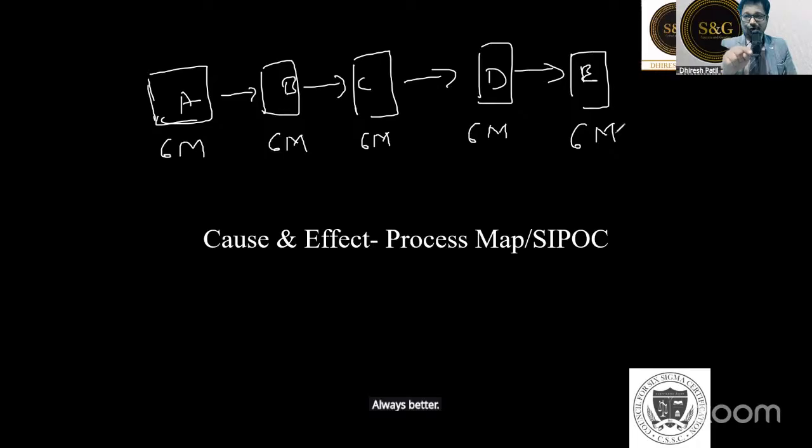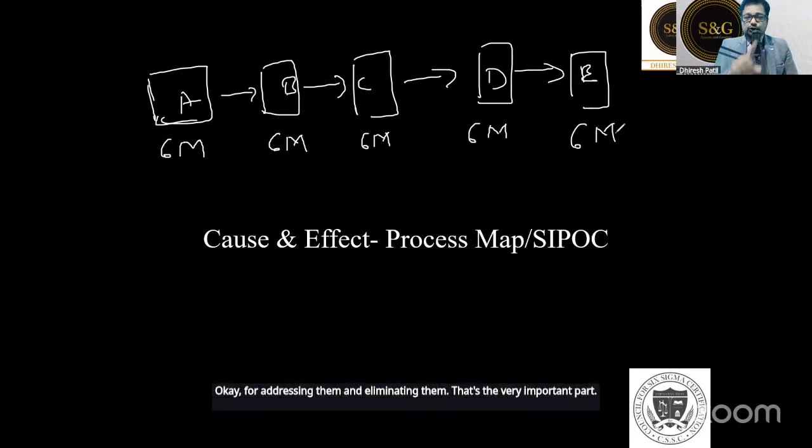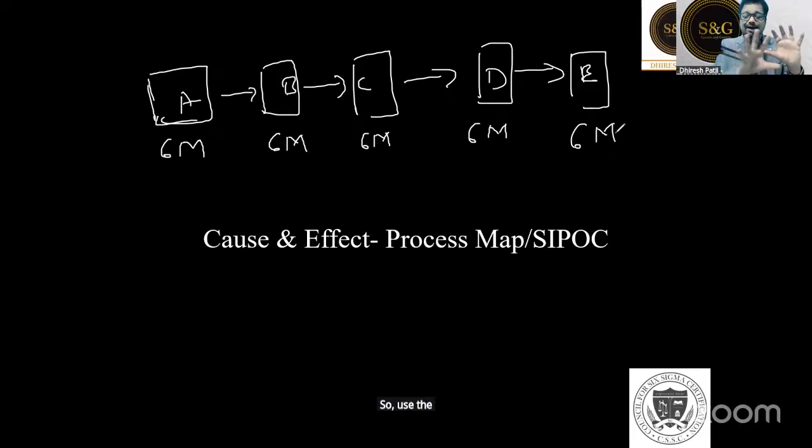In this cause and effect, I believe in quantity more than quality. Why? Because the more causes, the more potential for addressing and eliminating them. That's the very important part. So use the process map to identify the causes in each and every step.